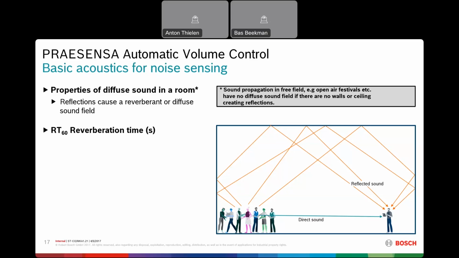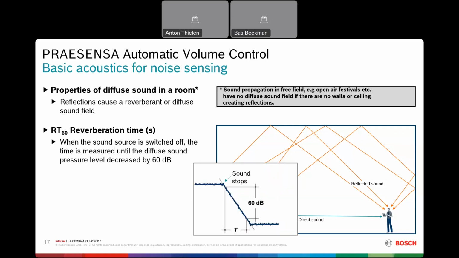Another aspect which you should keep in mind when we go on to calculate are the reflections which cause a reverberant or diffuse sound field. There's a formula for that, and the important factor here is the reverberation time. So how long does it take before your sound is quiet again?